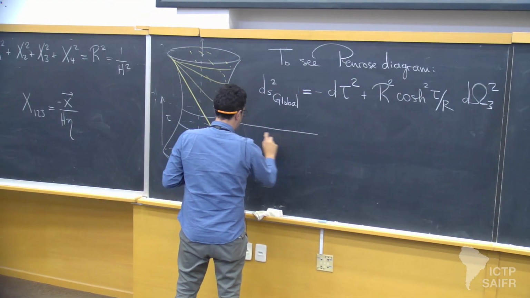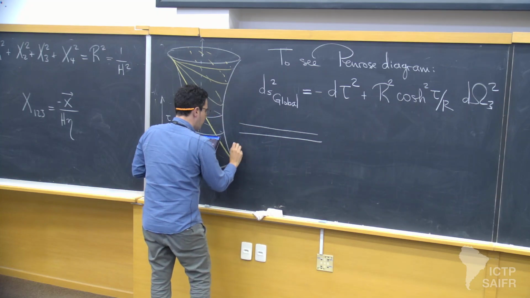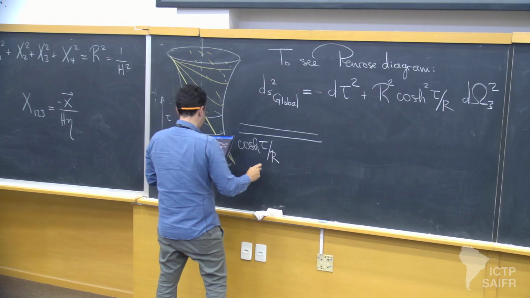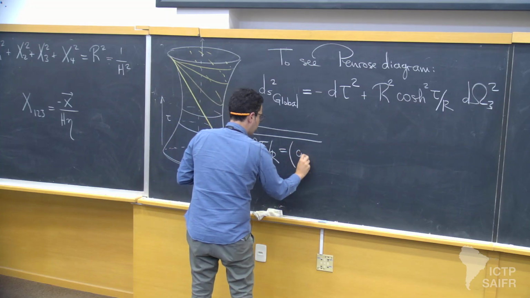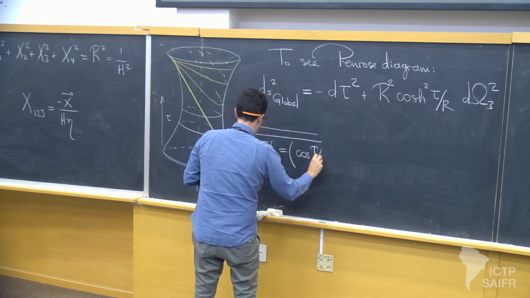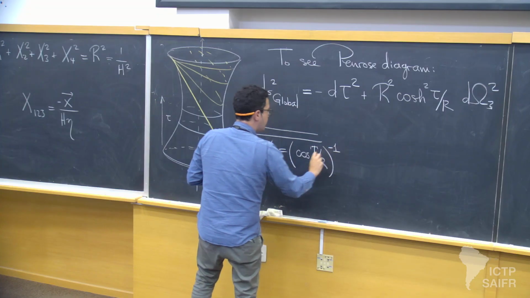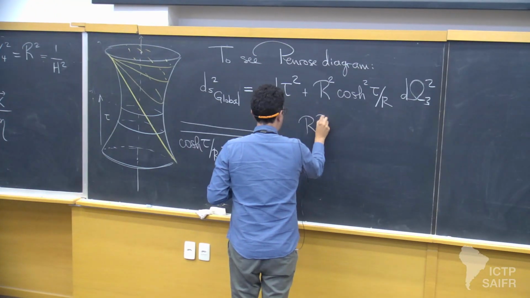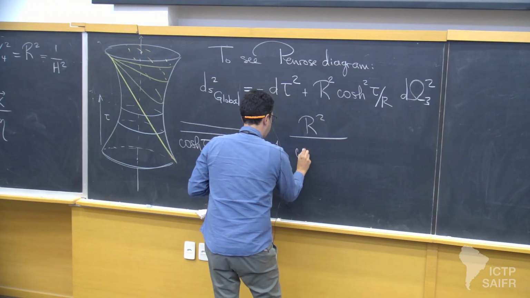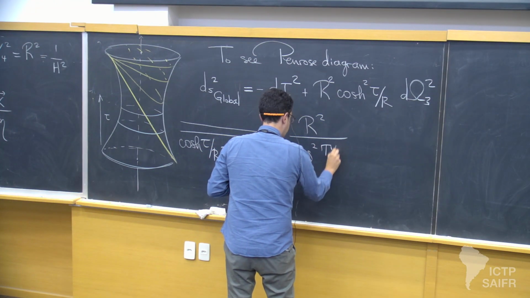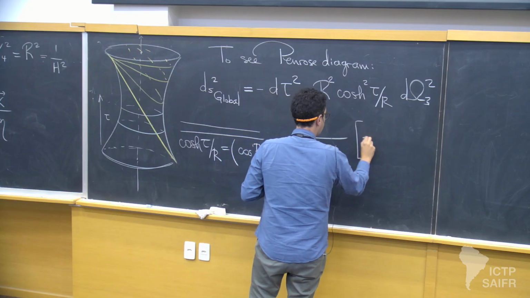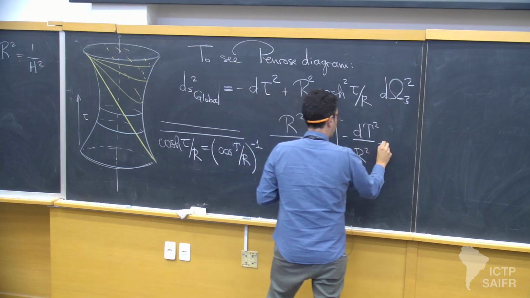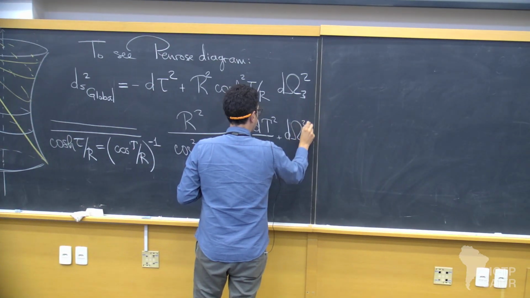If you do a little redefinition of time coordinates, cosh tau over r equals 1 over cosine of big T over r, so you introduce this coordinate big T, then the metric looks like so: r squared over cosine squared of T over r, times minus dT squared over r squared plus the d omega 3 squared. Okay?